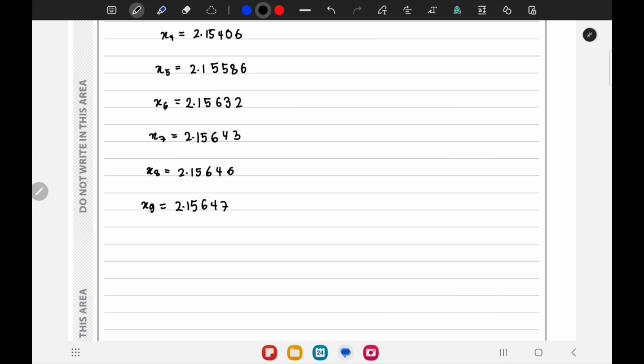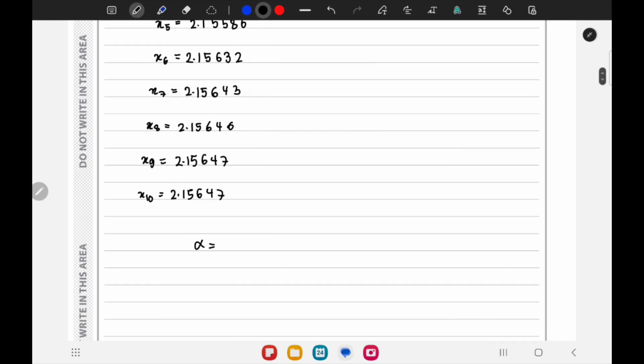Now we have a few values which all round up to be 2.1565 to 4 decimal places. So alpha will be 2.1565.